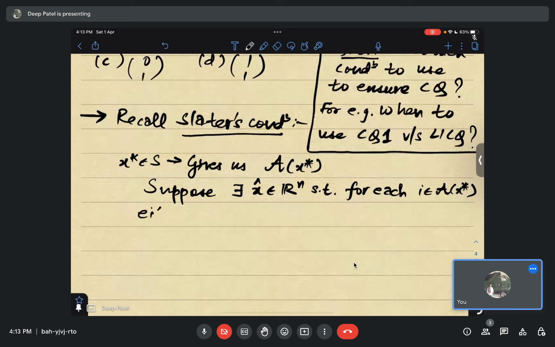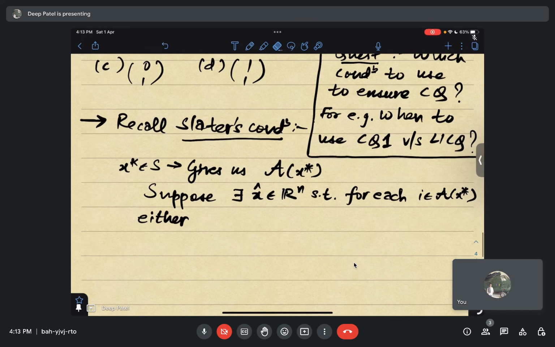Hello? I am audible, right? Yes. So, Slater's condition. First of all, we are at some point in the feasible region. That tells us at that point what the active constraints are. We'll call that set script A of x star.